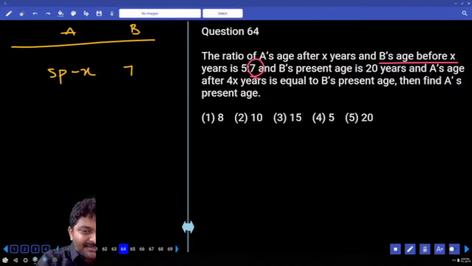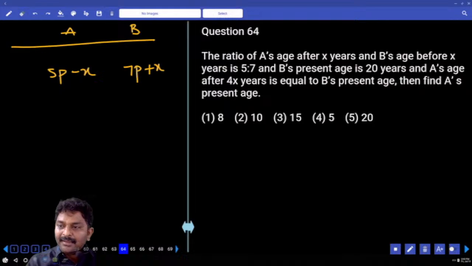Then present age is 7 parts plus X. B's present age is equal to 20. Keep that aside, we will consider that later.